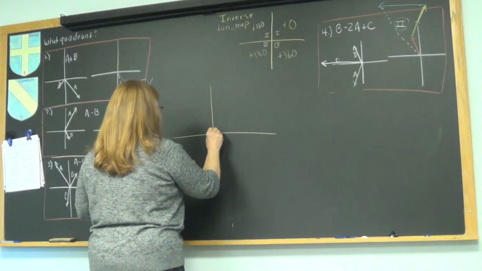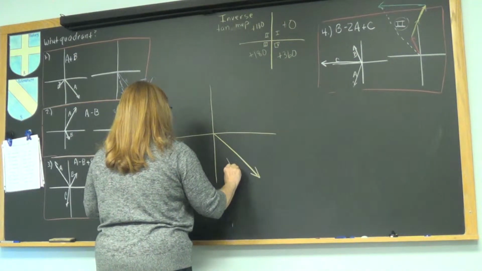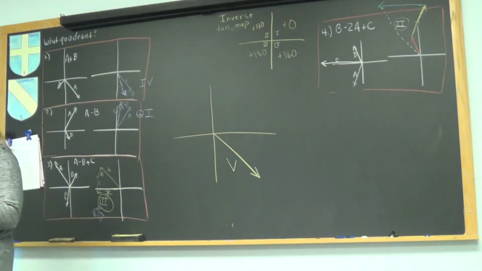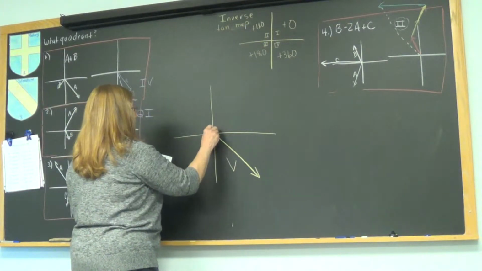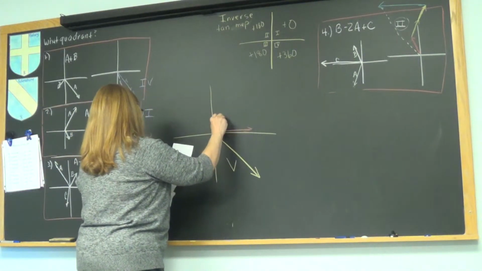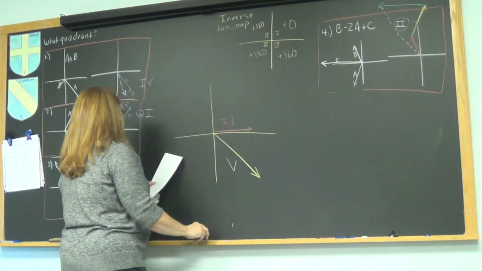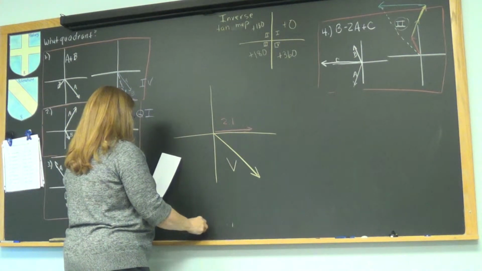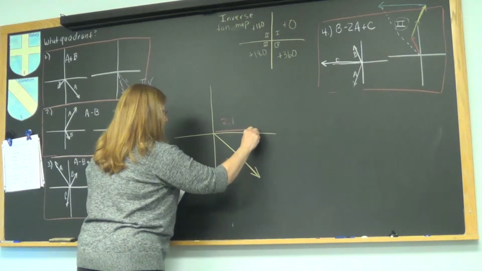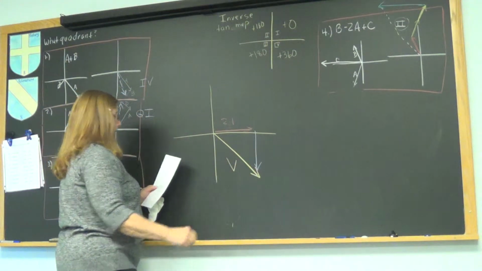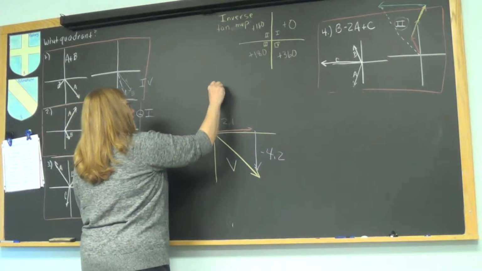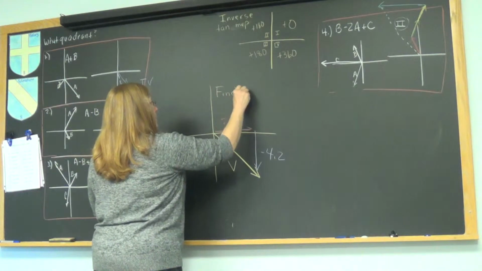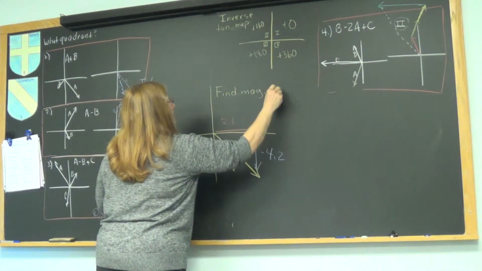We're going to call it vector V. Vector V is going down into the fourth quadrant from the origin, and its x component is known to be 2.1, and its y component is negative because it goes down, so its y component is negative 4.2. The question is: find the magnitude and direction of vector V.